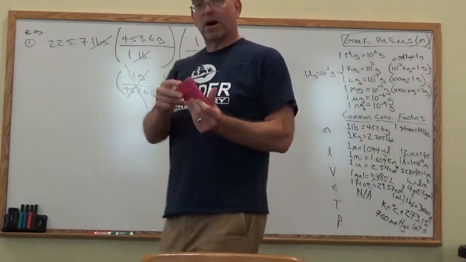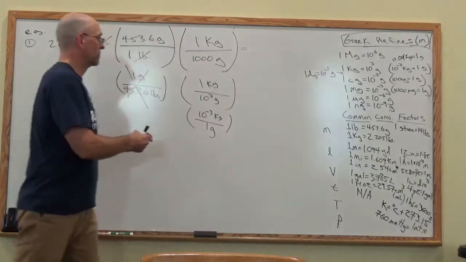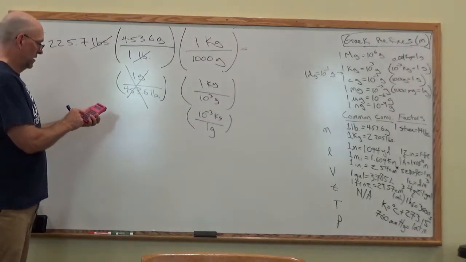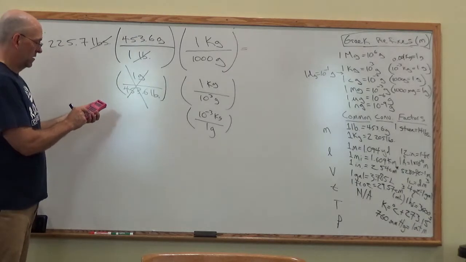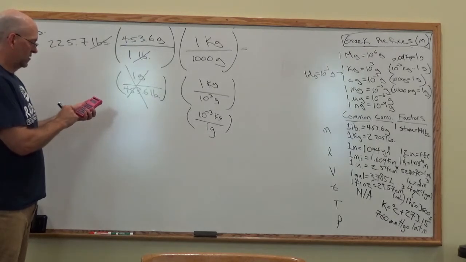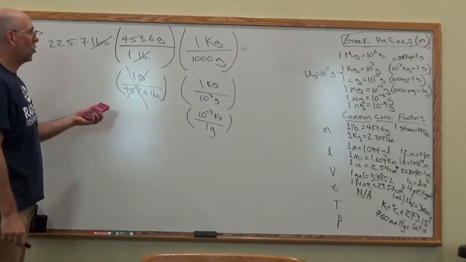Our stockroom guy bought us these, so nobody ever steals them. So 225.7 times 453.6 divided by 1,000, and I get a whole lot of numbers.